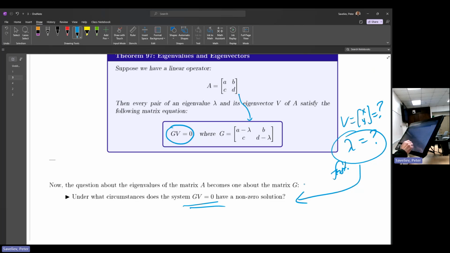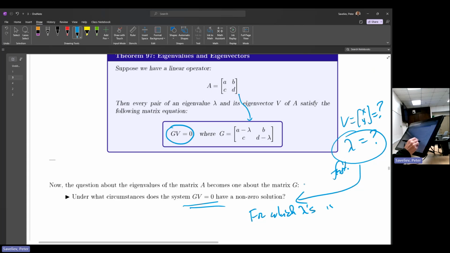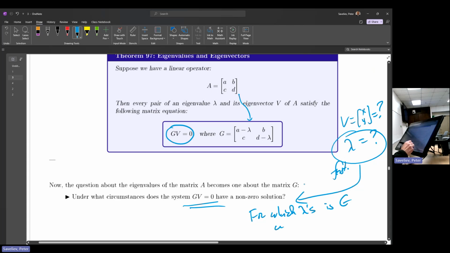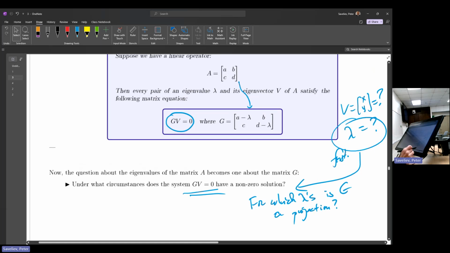For which lambdas is G a projection, meaning that it's not a rotation, it's not a stretch, but there are vectors that collapse to zero? The answer is actually very simple, because we have a theorem about that. Being a projection means what? Not one-to-one, or onto, for that matter. That's what a projection is.